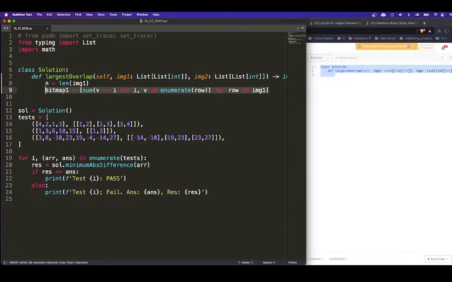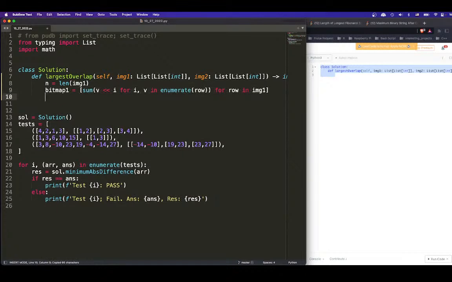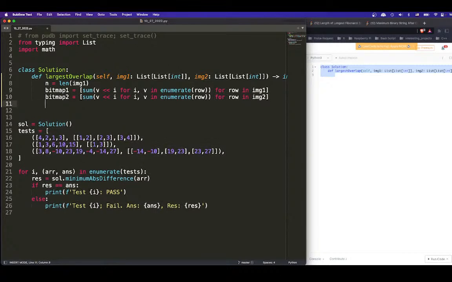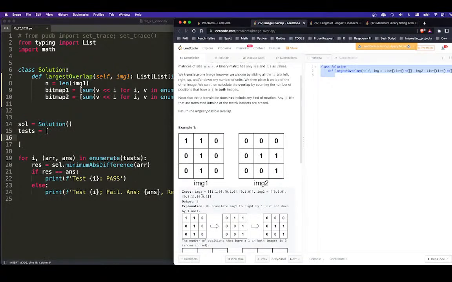And then we can do bitmap2. Basically it's the same thing. Alright, we need to check. Let's put this one down. Yeah, this one I have to go step by step.